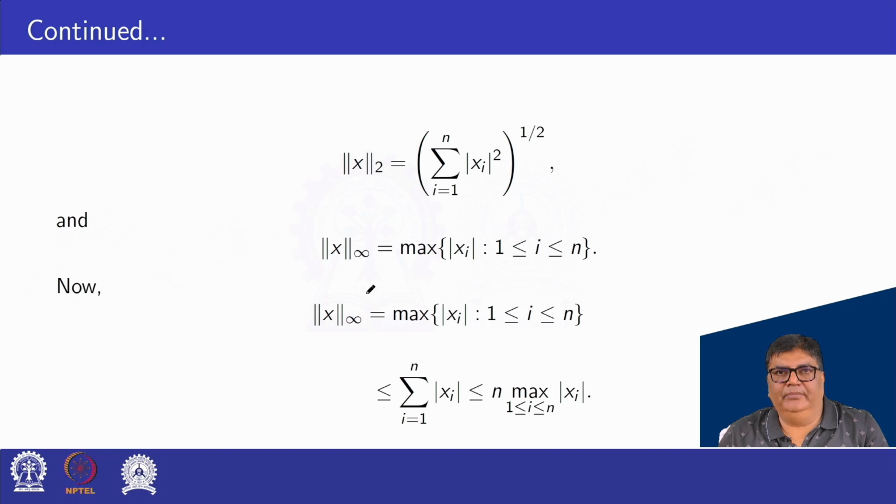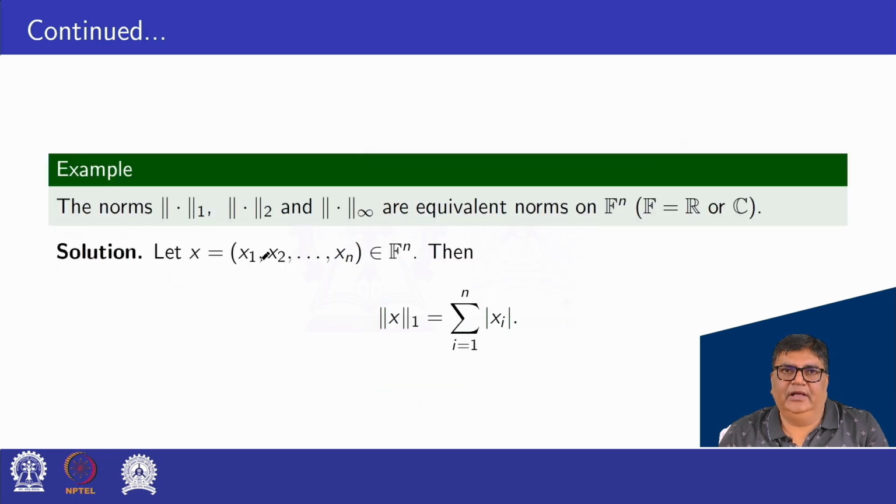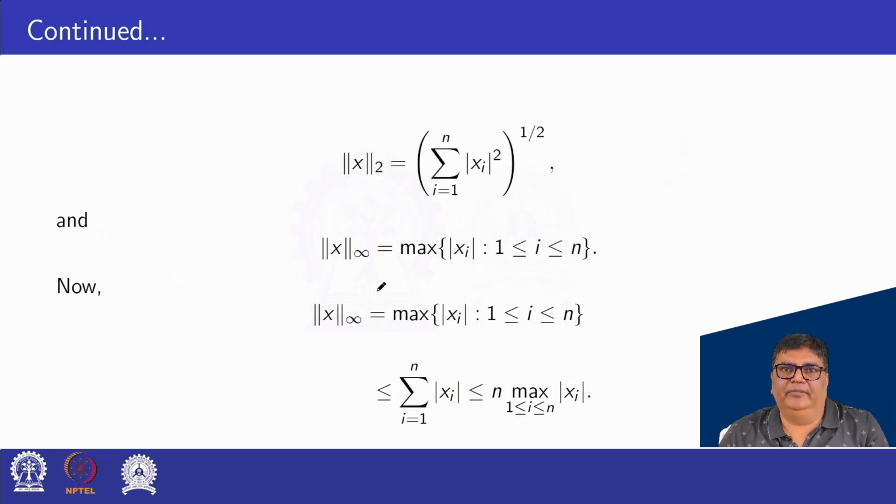Now we have norm infinity as the max of mod xi. Suppose each member of the n-tuple x1, x2 and so on is the maximum number. So the maximum number is added n times.